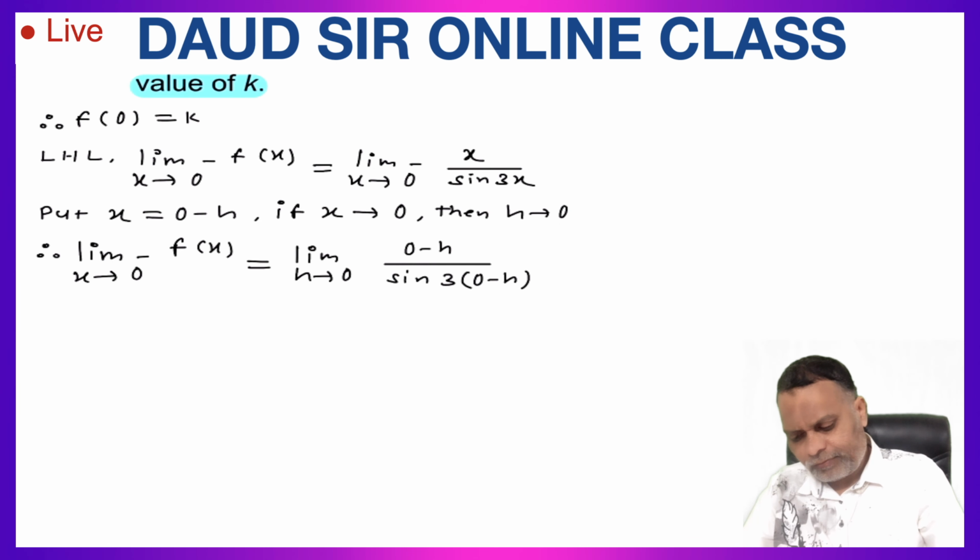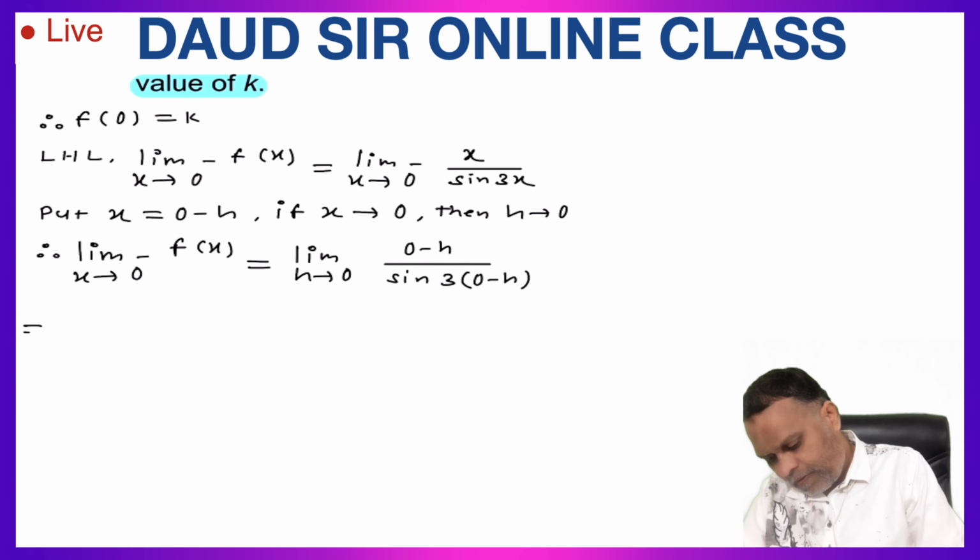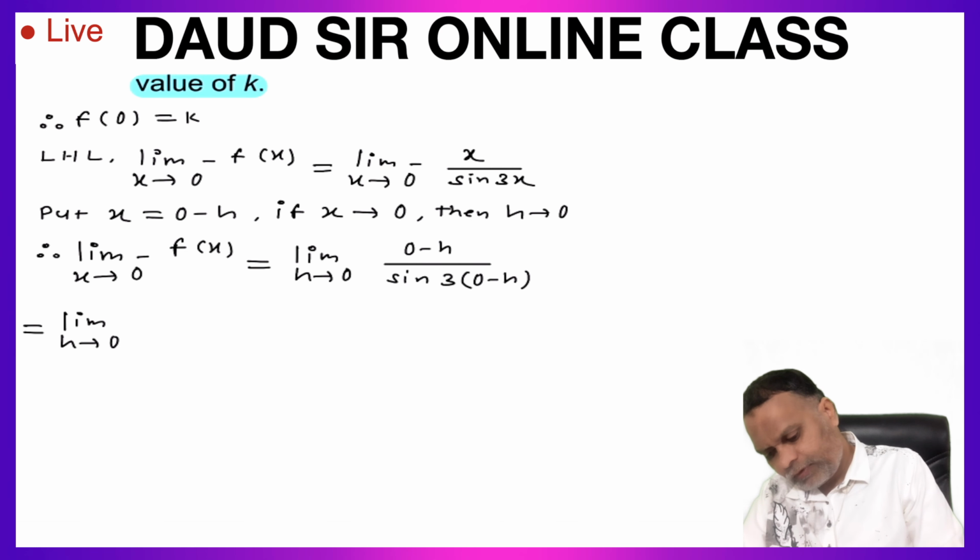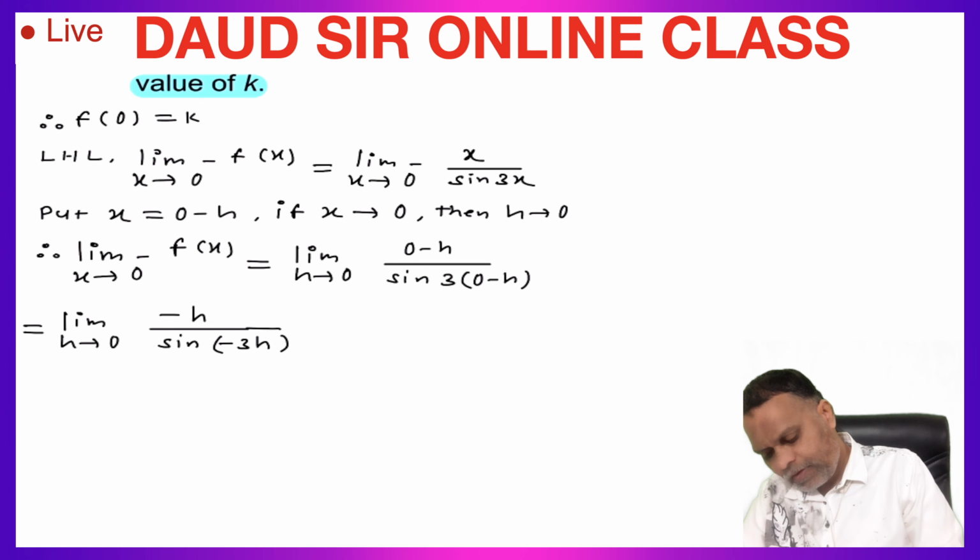Simplify this: limit h tends to 0, minus h upon sine minus 3h, which is equal to limit h tends to 0.